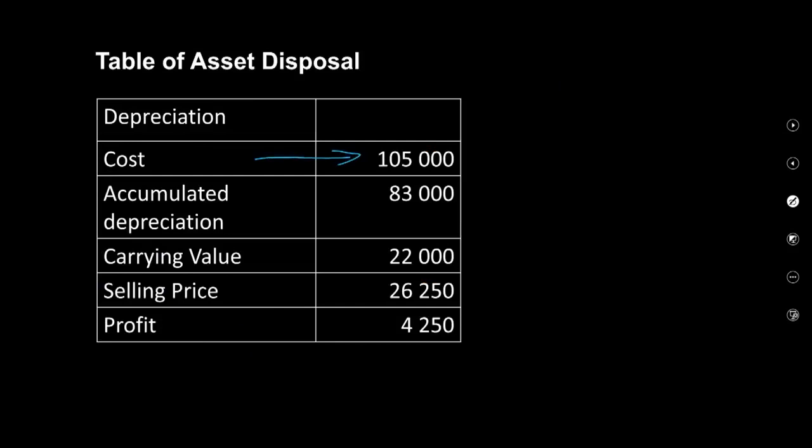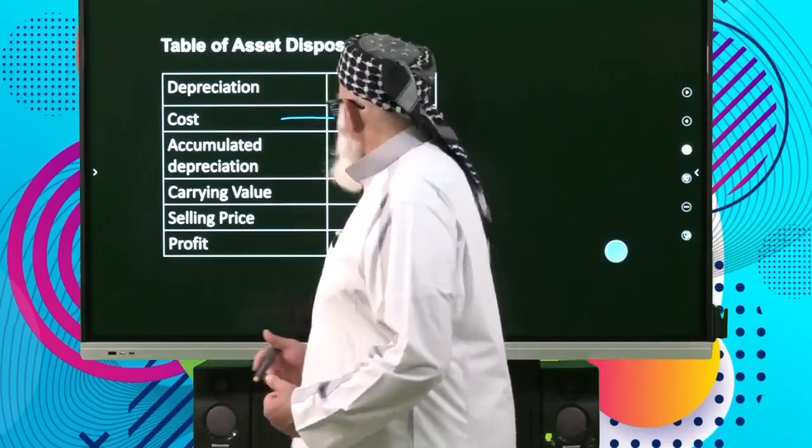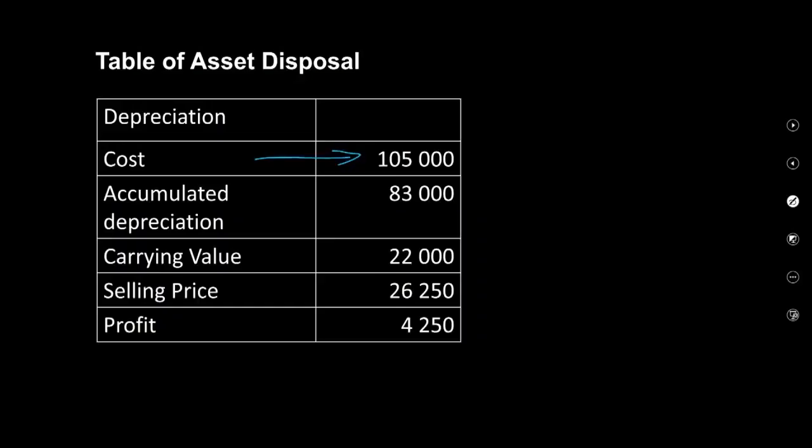Clearly you can see that, right? And how did I do that? By comparing my opening balance with my closing balance. Then the accumulated depreciation, let's put in the information that we have here.